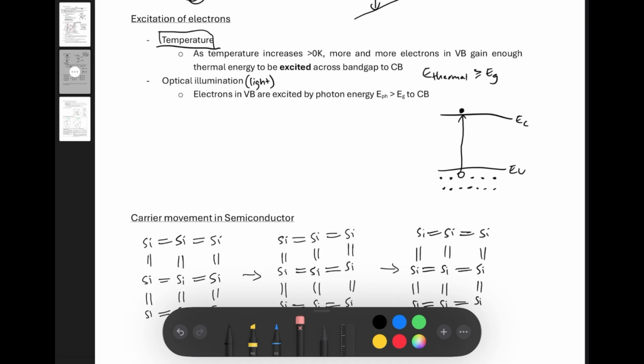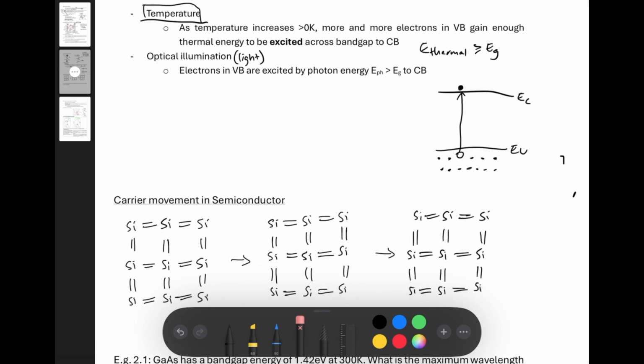It has to be excited fully to the conduction band at one time. This will happen when the thermal energy is larger than the band gap energy. As the temperature increases above 0 Kelvin, more and more electrons will have enough energy to be excited to the conduction band. So the semiconductor gets more and more conductive as the temperature increases.